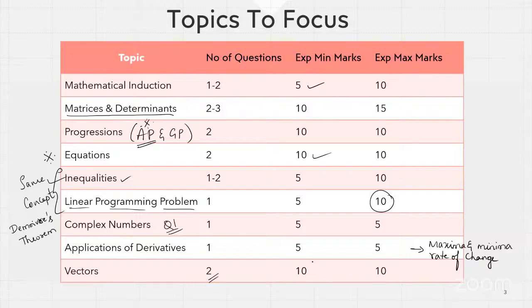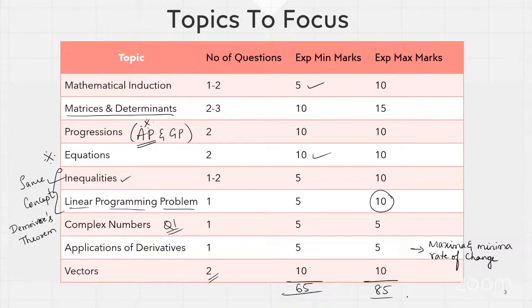So there are so many topics in your syllabus. If you focus on these topics right now, the minimum marks you can expect is 10, 20, 30, 40, 50, 65. Questions of this many marks you're going to get. And 10, 20, 30, 40, 50, 60, 80.